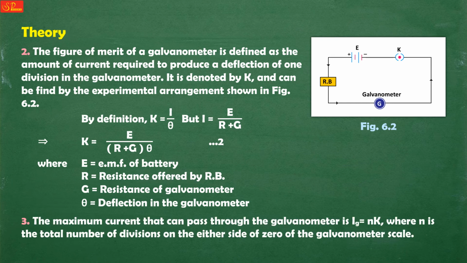The maximum current that can pass through the galvanometer is Ig equal to Nk, where N is the total number of divisions on either side of 0 of the galvanometer scale.